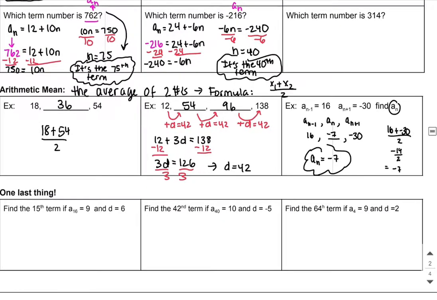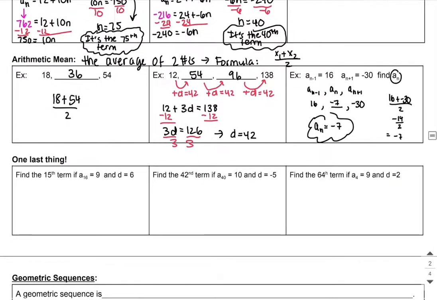And then the last thing that I want to do for arithmetic sequences is I want to be able to find the 15th term if I'm given the 16th term and what the common difference is. If the 16th term, so a sub 16 is 9, and my common difference is 6, to get from a sub 15 to a sub 16, I would add 6.